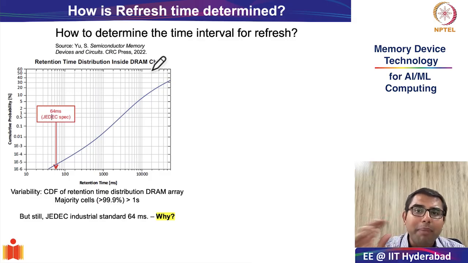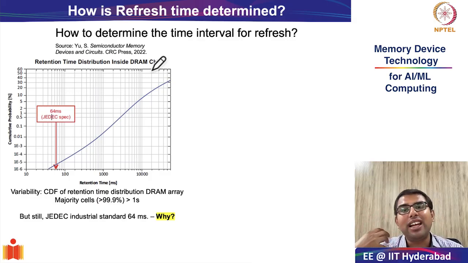And this retention time is finally what decides the refresh rate of the DRAM cell. Now, as I have shown in this graph, the retention time for all the DRAM cells is not one particular value, but rather a statistical distribution.